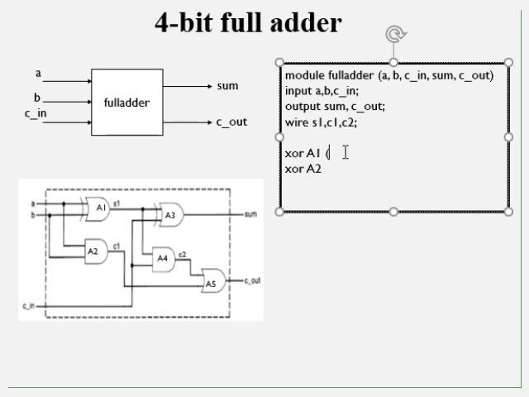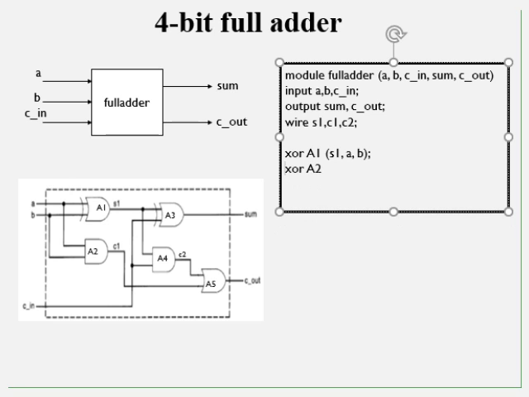Now the component instantiation, the XOR gate A1, output is S1 and input is A and B. As you know, the primitive gates syntax is such that the terminal list always has the output first, followed by the inputs. So this is the first XOR gate.